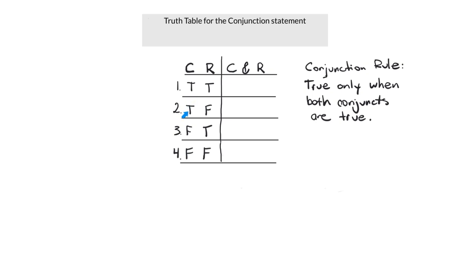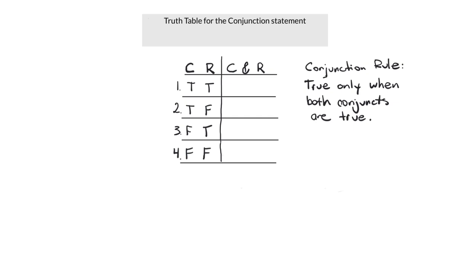Row 2, it's true that it's cold, it's false that it's raining. Row 3, it's false that it's cold, it's true that it's raining. And 4, it's false that it's cold, and it's false that it's raining. Those are all the possible combinations of the truth values for C and R, or for any two simple statements. It would work out the same way.